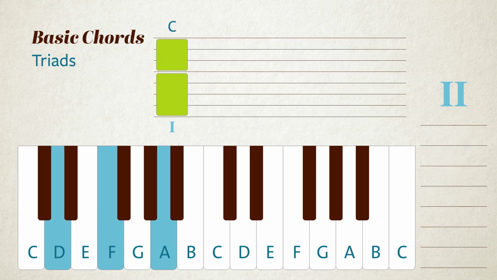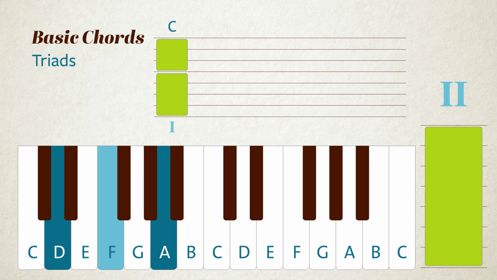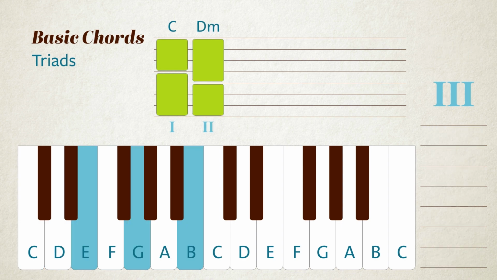Chord 2, though, has a minor third at the bottom. The upper third is major, and again the triad reaches up to a perfect fifth. This time, then, we have a minor chord beginning on D, and we call that D minor. We write the root note D, followed by an M for minor. Chord 3 is built the same way as chord 2.